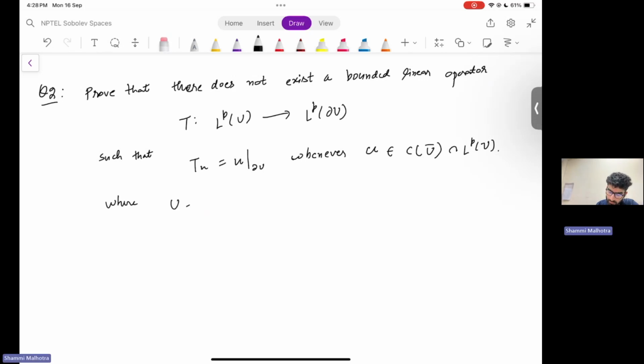Here, let U be a bounded domain with C^1 boundary. Do you know what we mean by C^1 boundary?